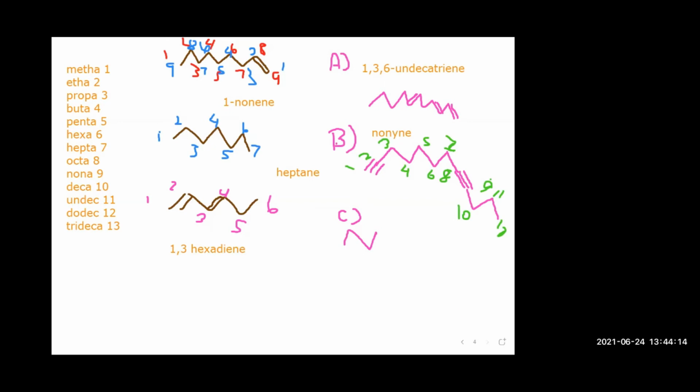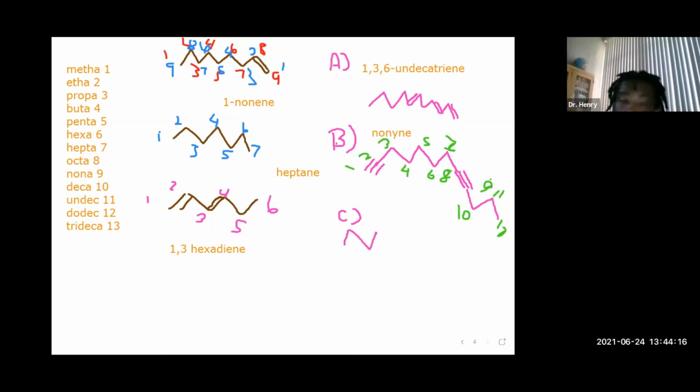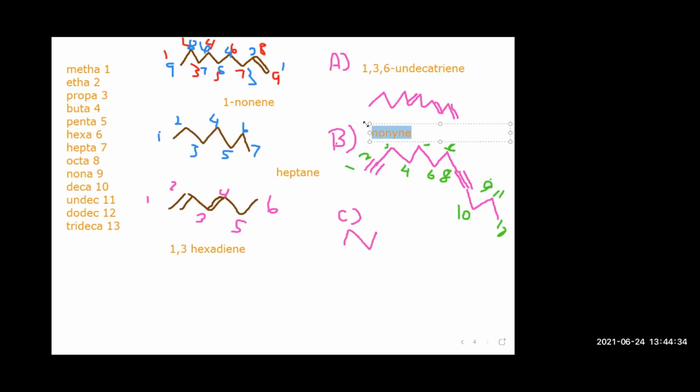Okay, so let's see if we can fix that name up. How many double bonds are there? There's 2. Where are they located? 1 and 8.